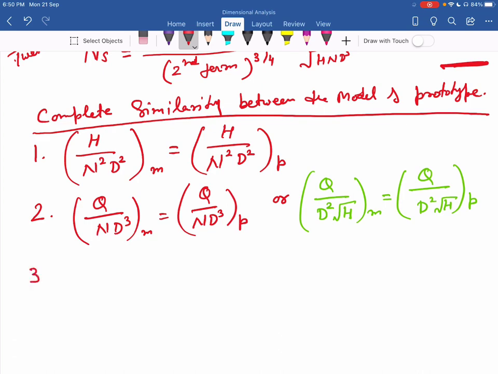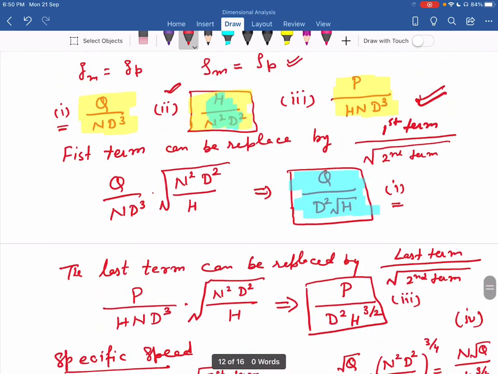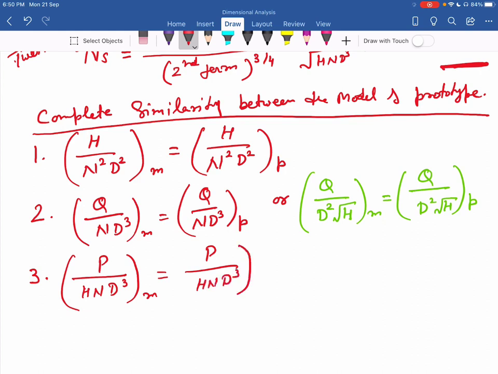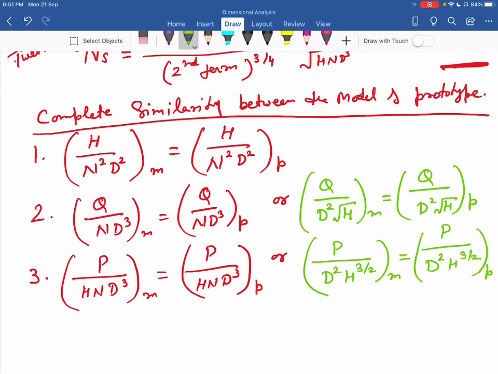Equation number 3 is either this one or this one. So I write p upon h n d cube for model equal to p upon h n d cube for prototype, or p upon d square h raised to power 3 by 2 for model is equal to p upon d square h raised to power 3 by 2 for prototype.